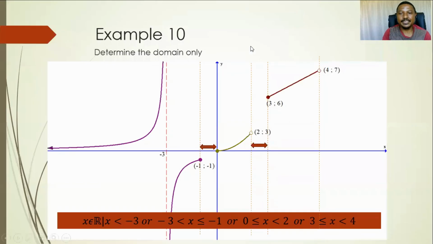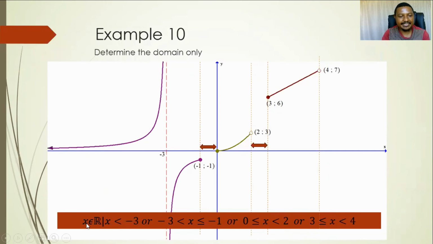So this is how you would be expected to write down the domain for this function. As you can see, it has all those 4 parts: 1, 2, 3, 4. But let's analyze quickly how it has been written down.